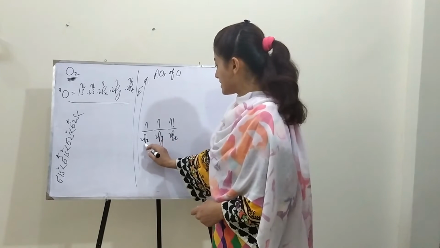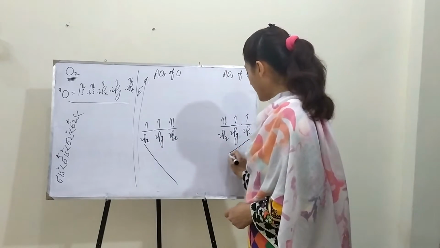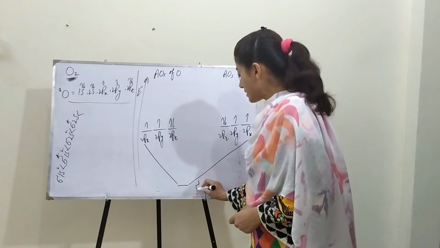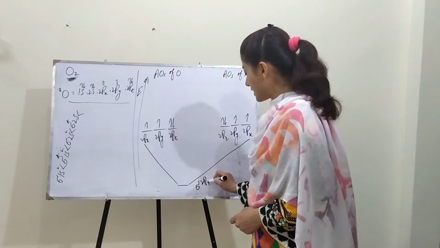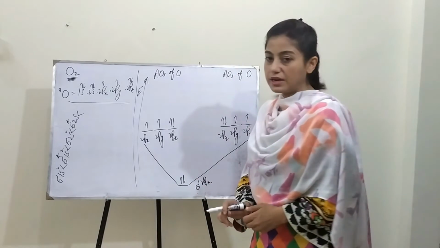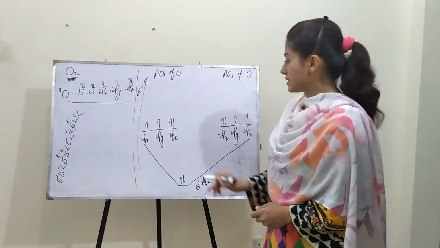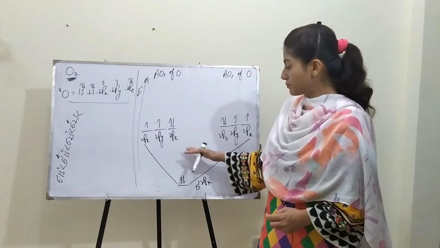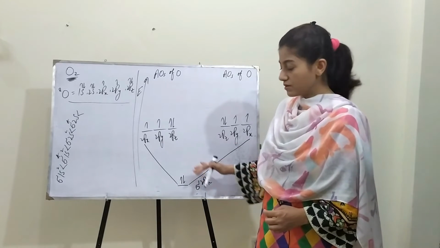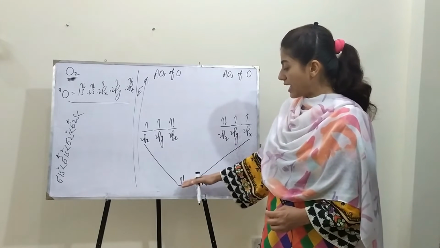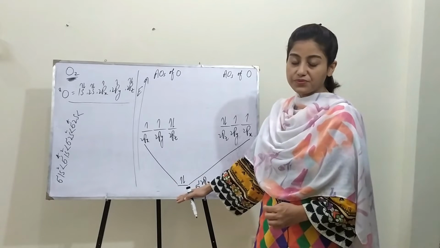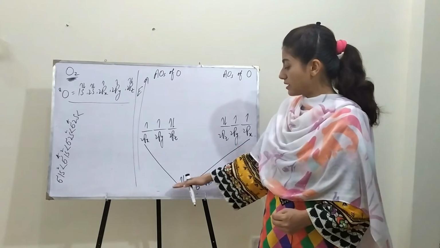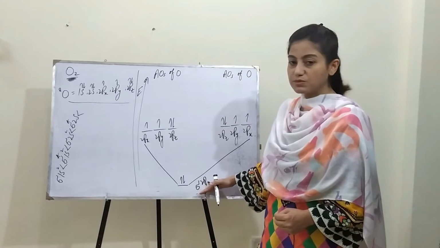Now the key difference is that 2px interacts with 2px of the other oxygen atom to form a bonding molecular orbital, that is sigma 2px, and it would be filled with 2 electrons. As you know that in nitrogen molecule pi 2py and pi 2pz molecular orbitals were placed at the lower energy level as compared to this sigma 2px.